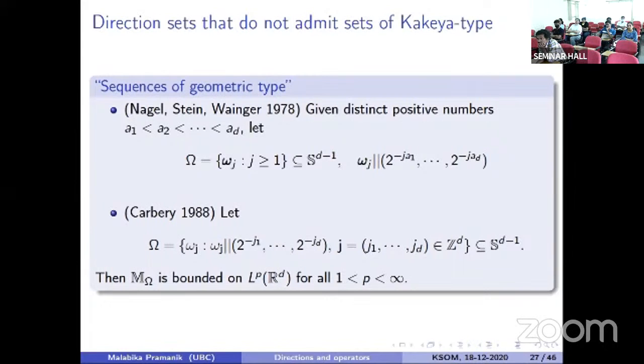And this means that the direction set cannot admit Kakeya type sets. By the way, note that these kinds of geometrically decaying sequences or sets are countable with dimension 0, unlike the Cantor middle third set in the last slide, which has positive Hausdorff dimension log 2 over log 3.